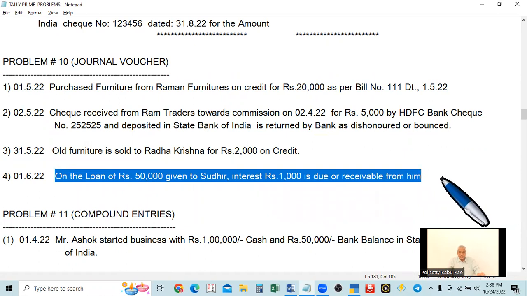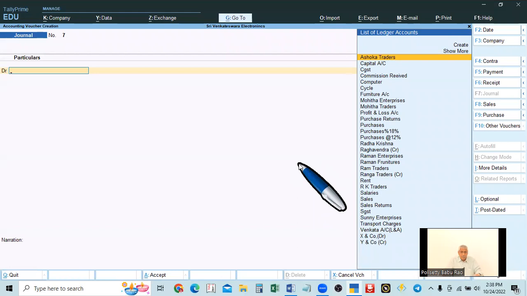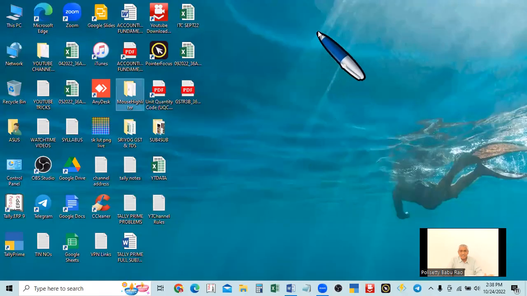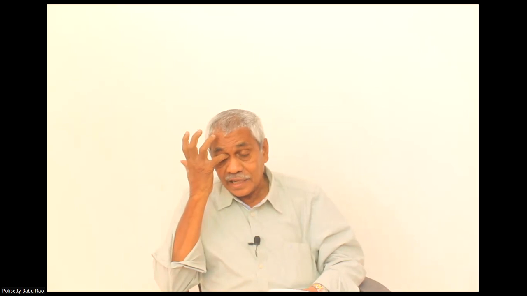Okay. So with this, we completed the journal voucher, and with this journal voucher, we completed the recording of all the accounting vouchers. So recall the first page, select the correct accounting voucher.